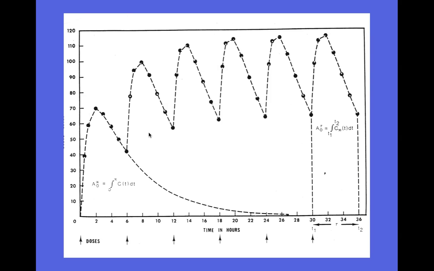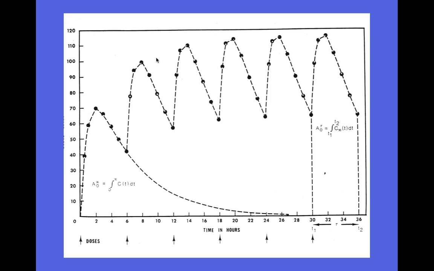This is quite important though, and it's something which I'm sure you're all familiar with, but needs to be specifically thought about. You give somebody a dose of a drug, the concentration rises, and then gradually falls away and would disappear to zero over time. If you give a second dose before the first drug is gone, then of course you get another rise, and this time the second peak rises to a higher value than previously.